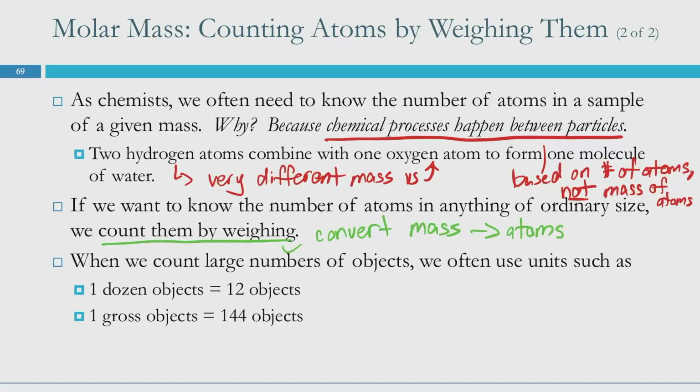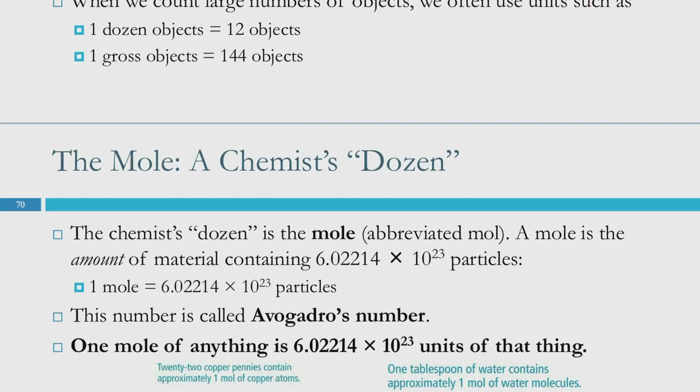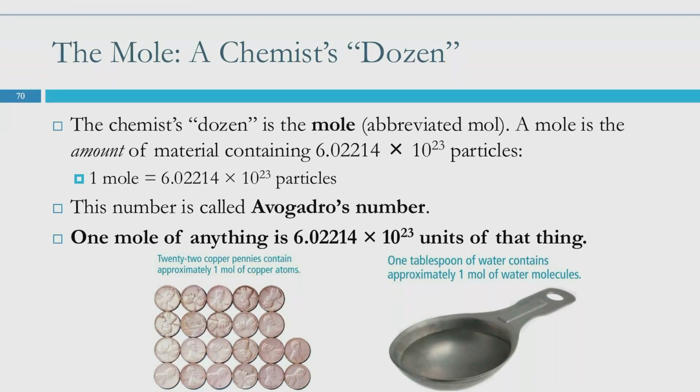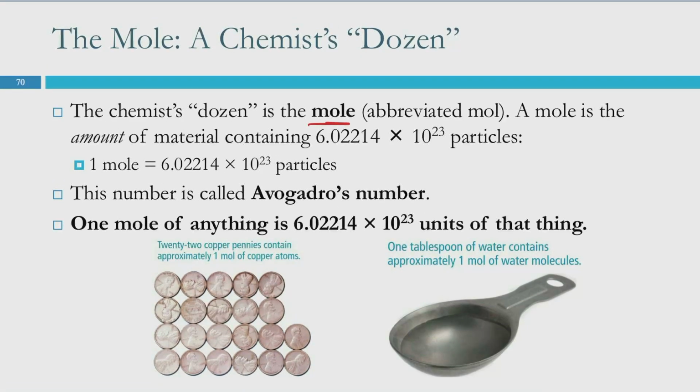However, this doesn't even come close to the number of objects that we need to count as chemists because of how small atoms are. So our version of a dozen is the mole. The mole is our dozen, and we abbreviate it by dropping the E. So it's just MOL.